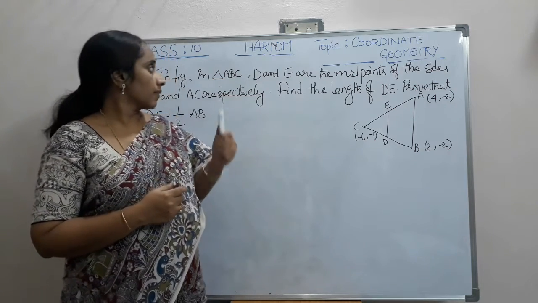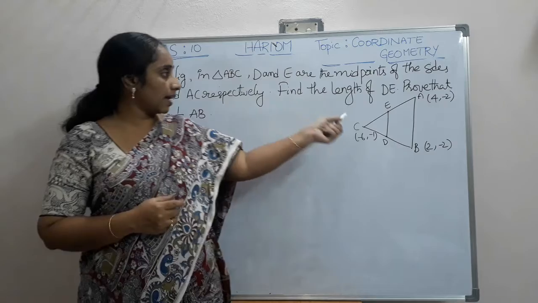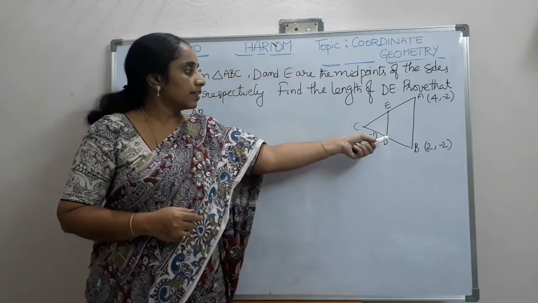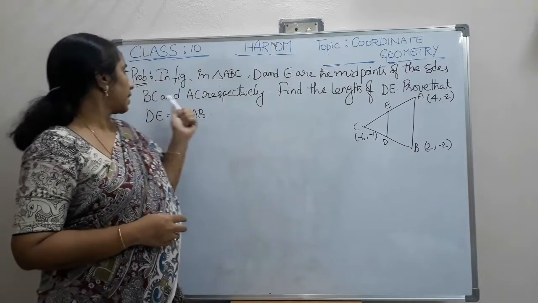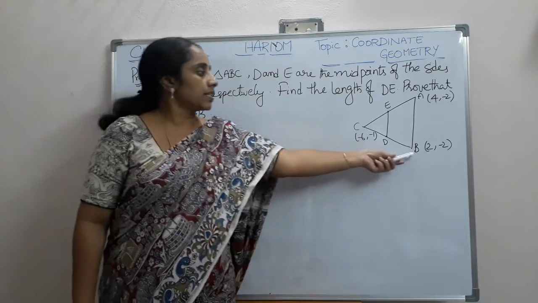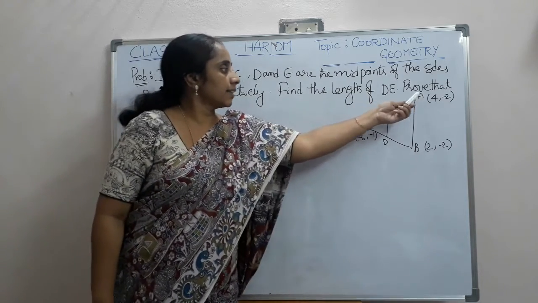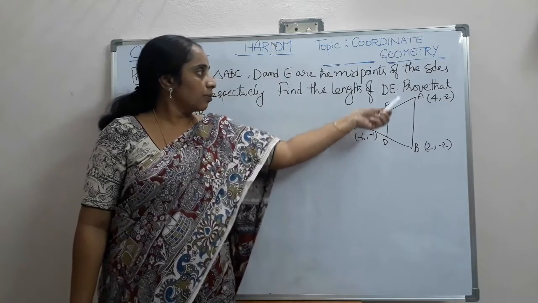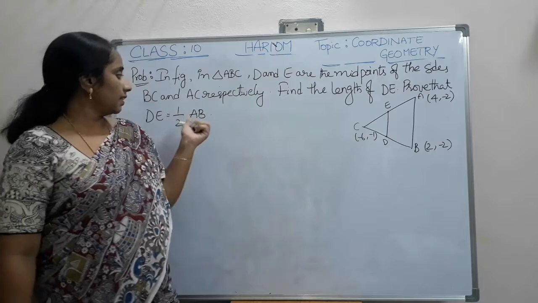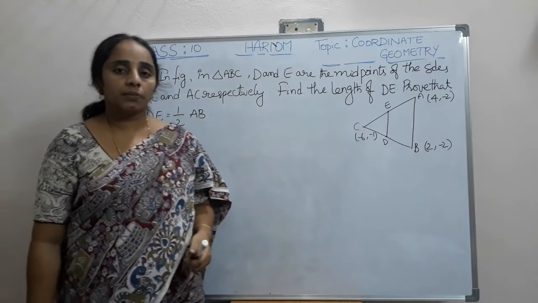Here they have given, in triangle ABC, D and E are the midpoints of the sides BC and AC. Find the length of DE. Prove that DE is equal to half AB.